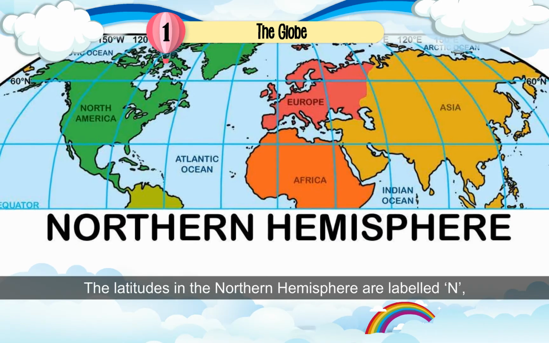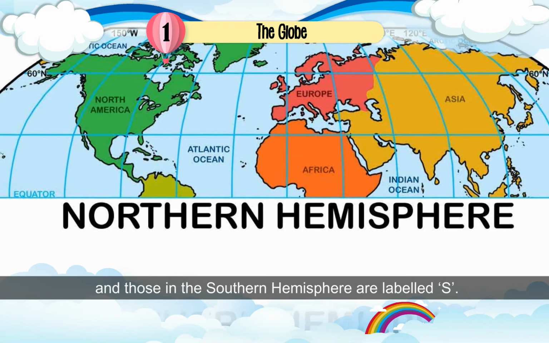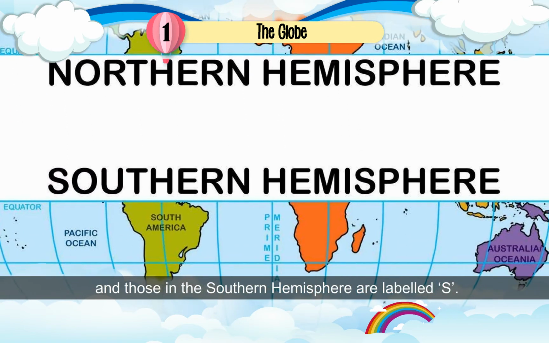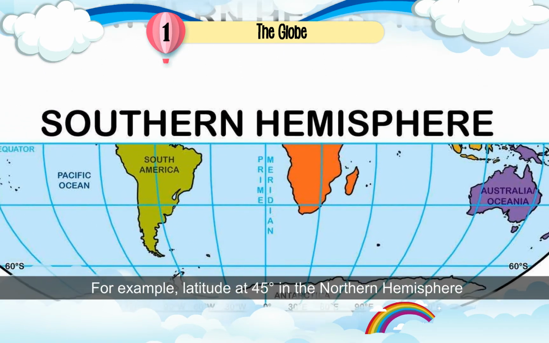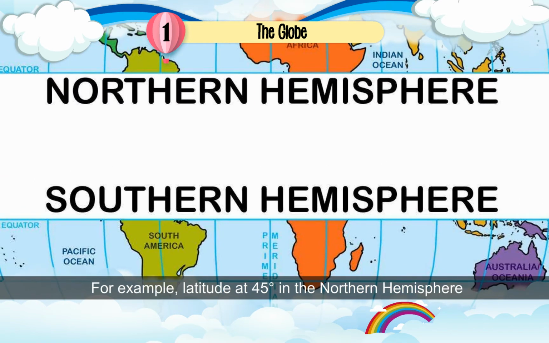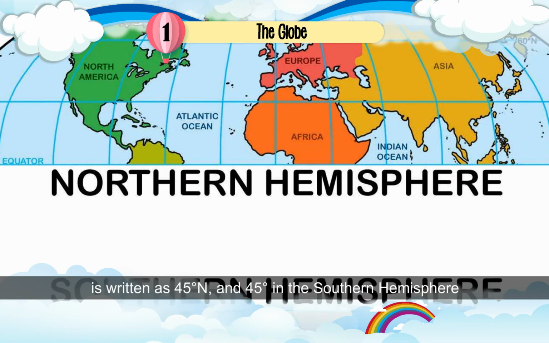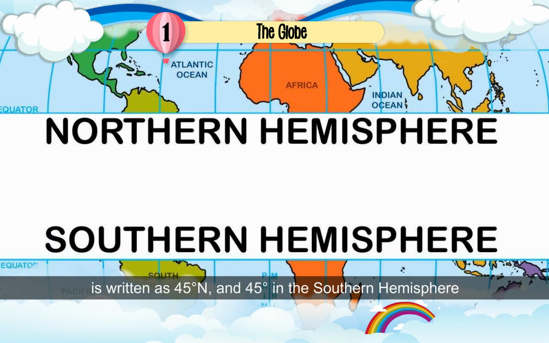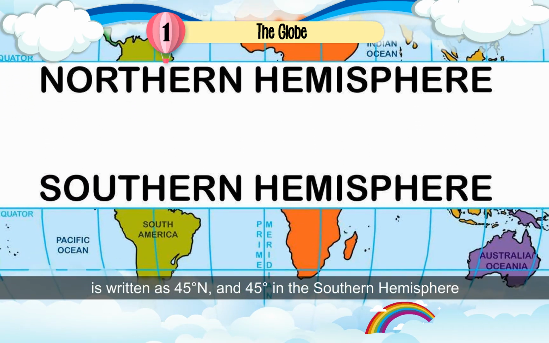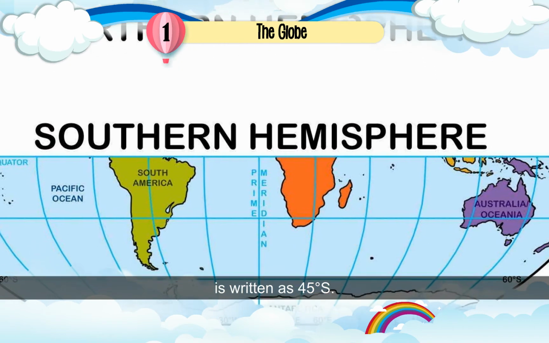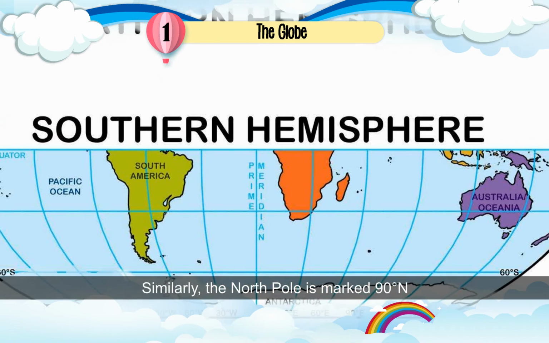The latitudes in the northern hemisphere are labeled N, and those in the southern hemisphere are labeled S. For example, latitude at 45 degrees in the northern hemisphere is written as 45 degrees north and 45 degrees in the southern hemisphere is written as 45 degrees south.